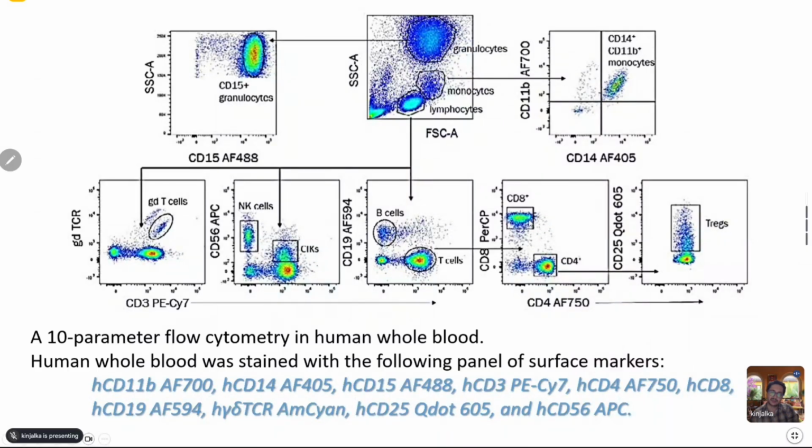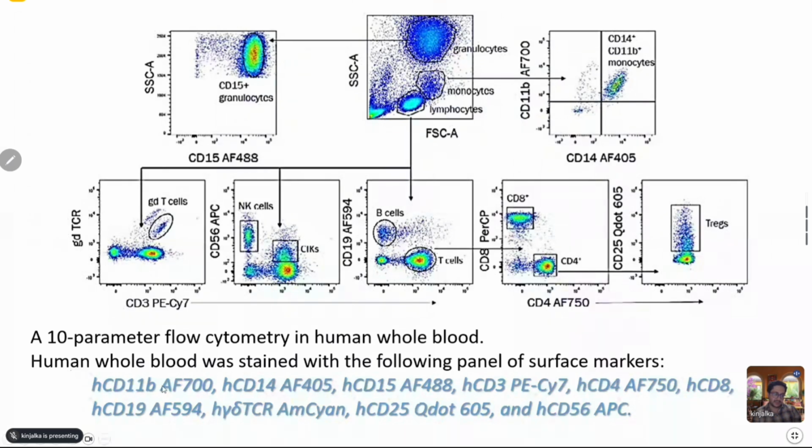This is the population of CD8 cells. And here you have a population of CD4 plus cells. Further, they have tried to segregate T regulatory cells from the CD4 cells. They have tried to gate and see what percentage of cells are the T regulatory cells from this whole mix. Based on that, they identify the numbers and clones and so on.